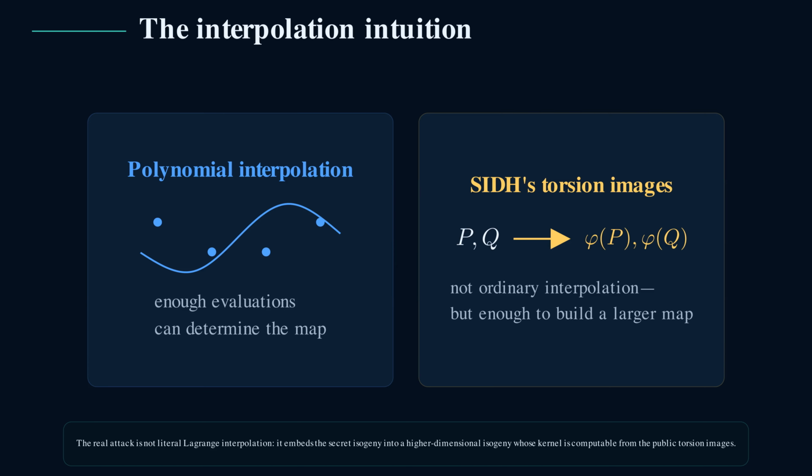The attack is not literally Lagrange interpolation. Instead, it embeds the secret isogeny inside a higher dimensional isogeny. The public evaluations reveal the kernel of that larger map, and the kernel lets us reconstruct it. The interpolation analogy captures the surprise. A few structured evaluations contain far more global information than expected.